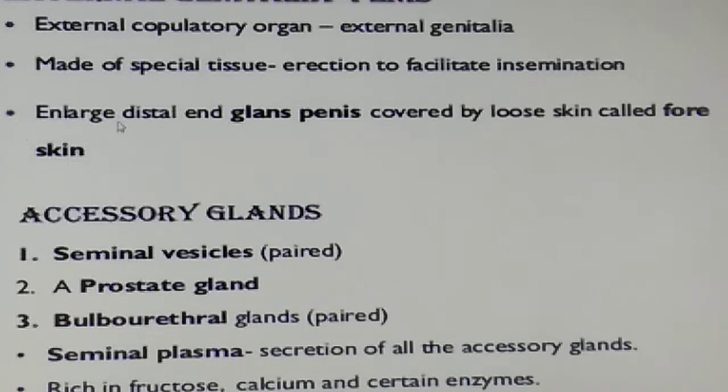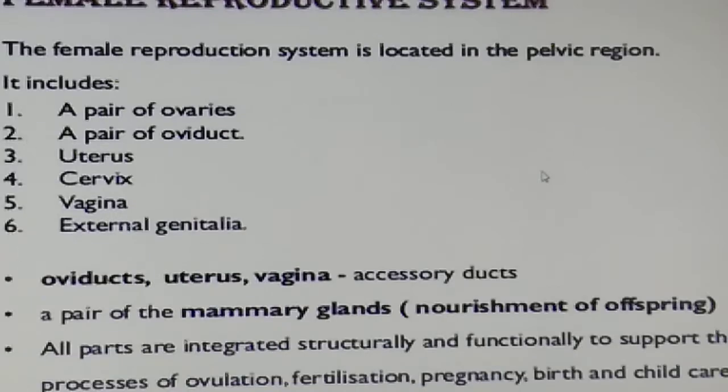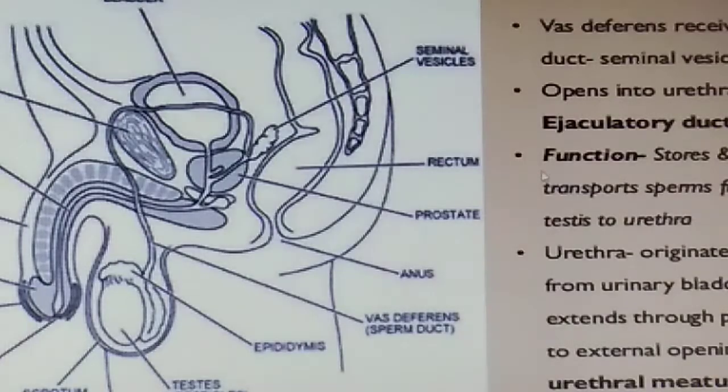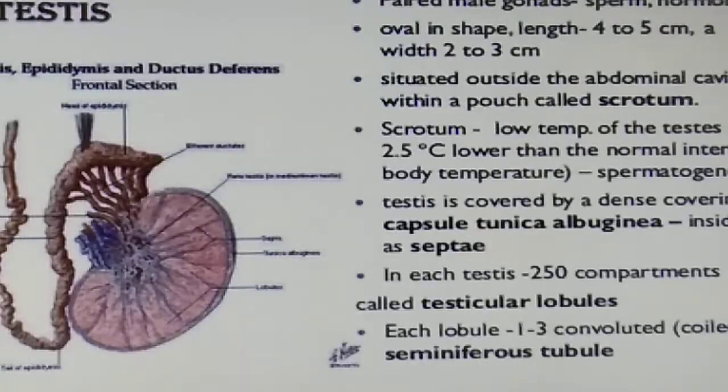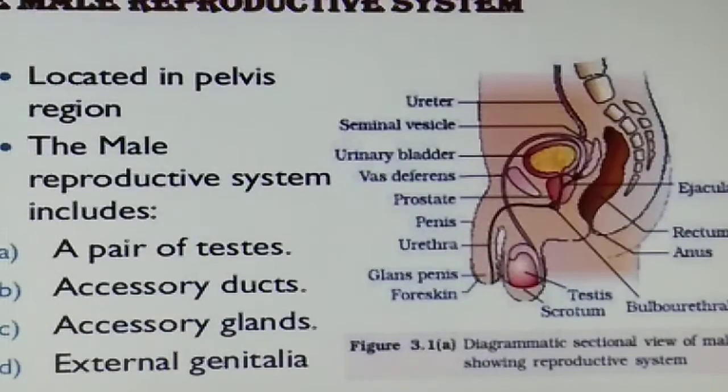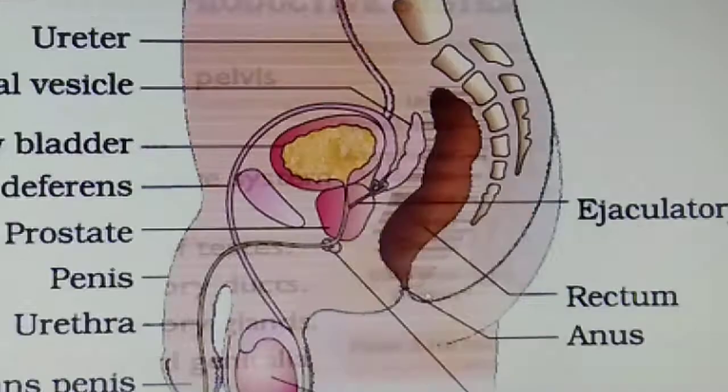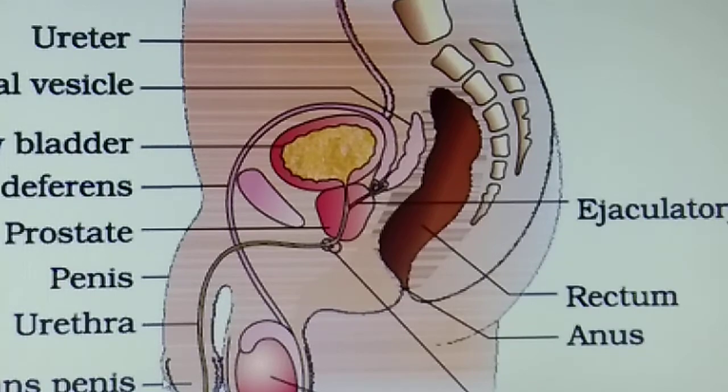Now students, the enlarged distal end, glans penis, is covered by a loose skin that is called the foreskin. See here, this is the foreskin.